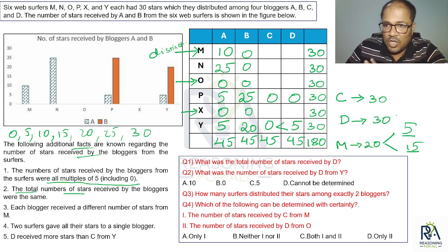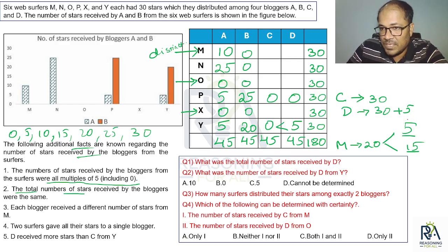Now if you observe, D has already got 5 stars from Y. D's total is already 35. That means D just needs how many more? D just needs 10 more, right?